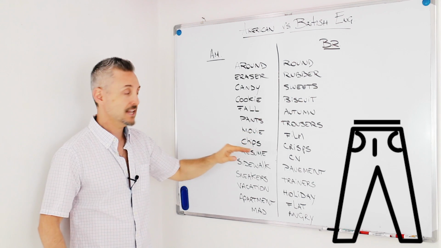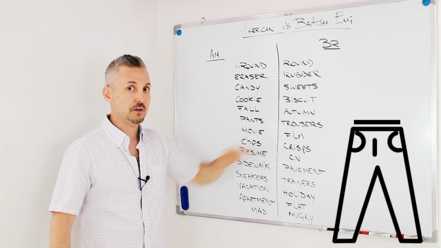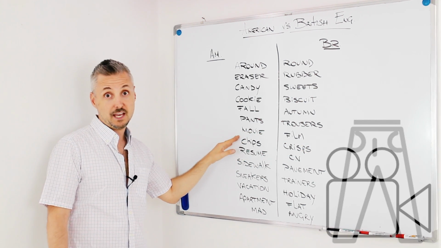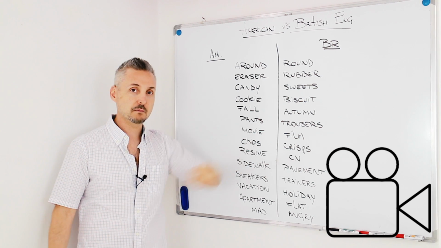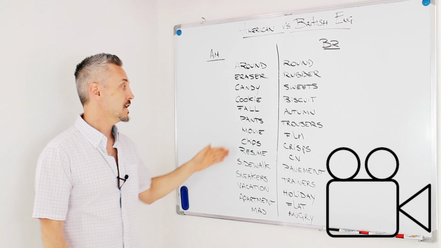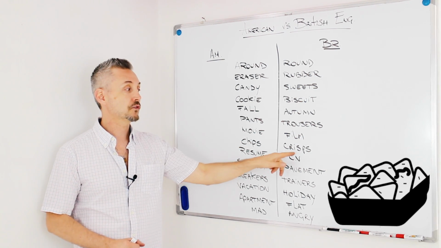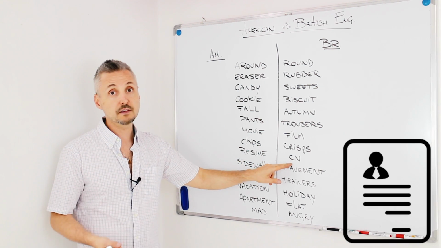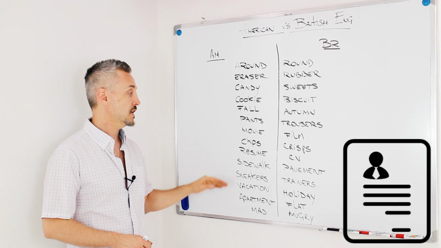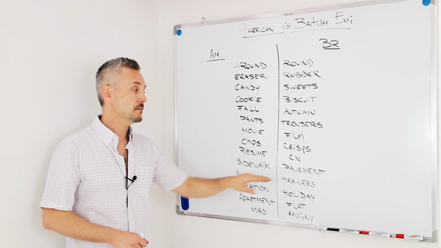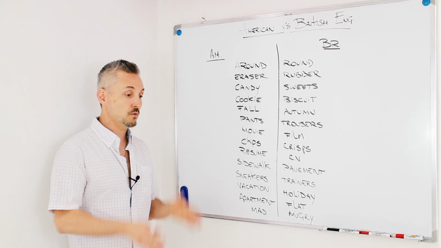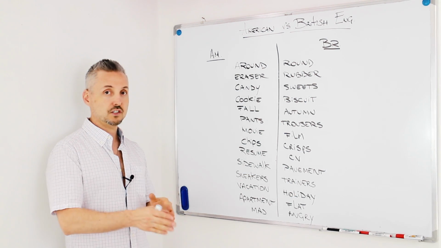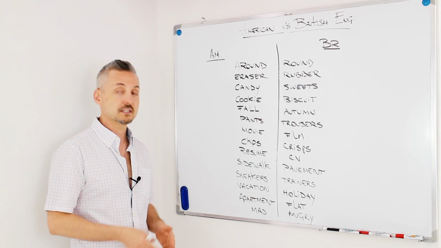Pants, trousers in British English. Movie, as I said before, film in British English. Chips, crisps, resume or CV in British English. Sidewalk, pavement, what you walk on, okay, just next to the street.